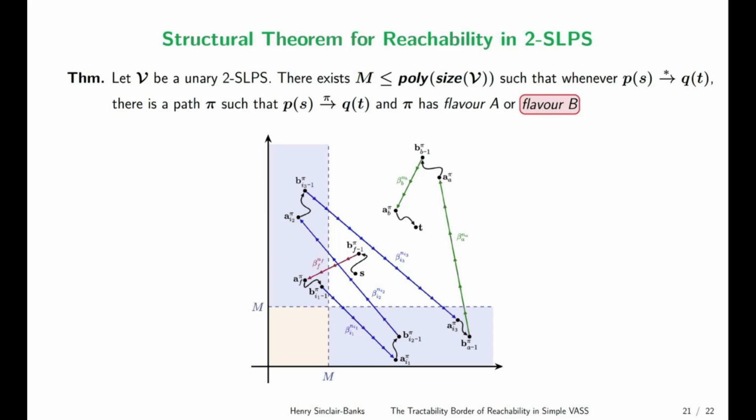It could point up here, it could point down there, it could point straight back, I don't know. But it will point in a direction such that you will eventually reach a configuration that is bounded on one counter above by n. So either, in this case, the first counter is at most n, or in this case, the second counter is at most n. But I promise that it will be bounded on one of the counters by at most n.